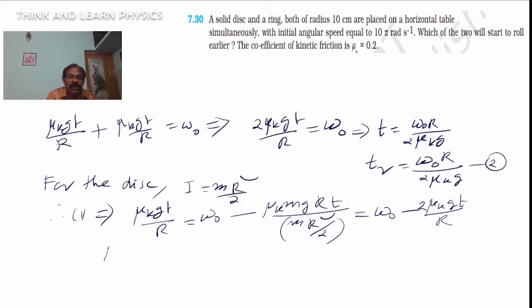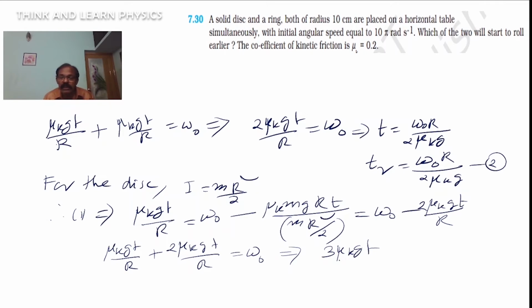So we get mu k gt by r plus 2 mu k gt by r equals omega naught, or we get 3 mu k gt by r equals omega naught, or we get the time t as omega naught r divided by 3 mu k g.